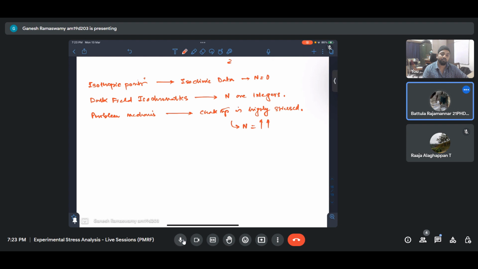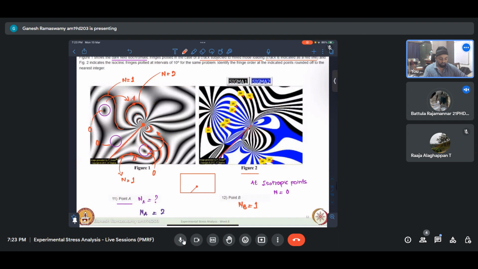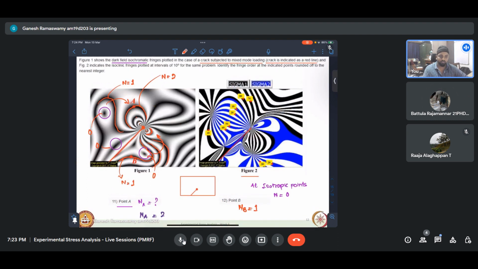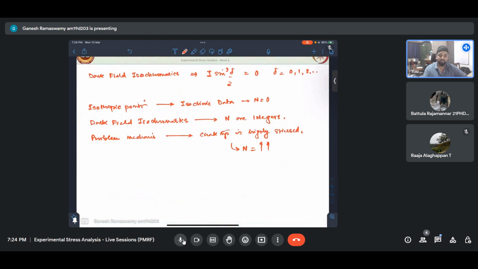I'm trying to reason out what information we wanted to solve this question. One was that from isoclinic data, we were able to identify the isotropic points, which gave us the fringe order to be 0.